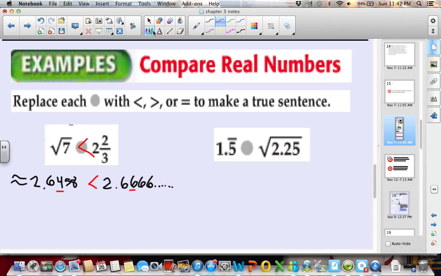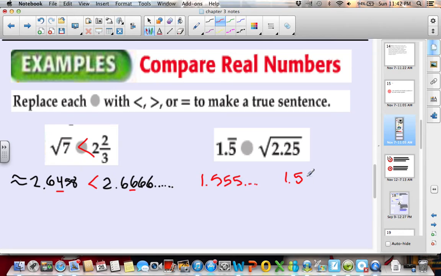Okay, if I have 1.5 repeating, that means it's 1.555 and so on. The square root of 2.25, which you can check on your calculator, is exactly 1.5. Okay, there's a 5 in both of the tenths place, so then I look at my hundredths place, I have a 5.